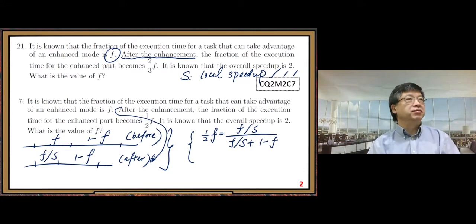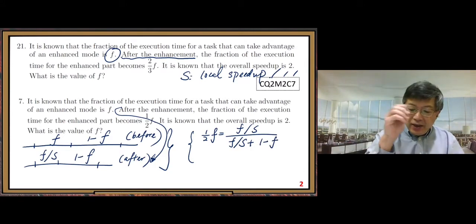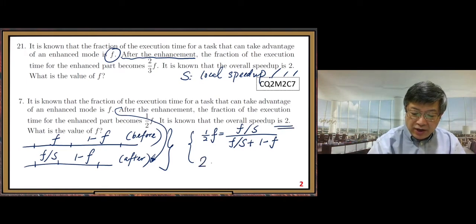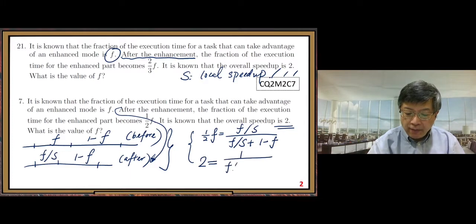That's the equation. Then overall speed up, our standard formula: 2 equals 1 over (f over s plus 1 minus f).